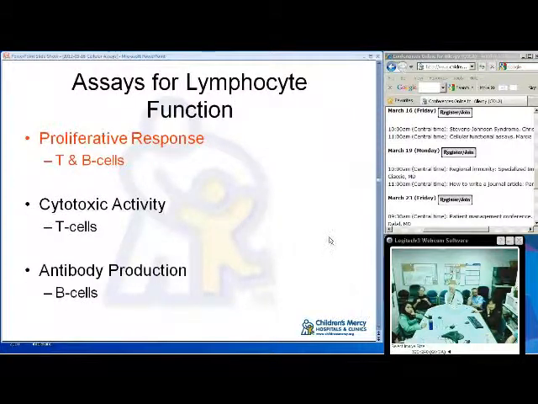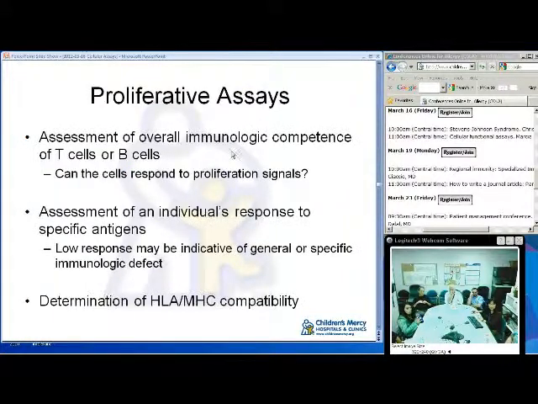Okay, so assays for lymphocyte function. There are proliferative responses you can look for, cytotoxic activity, which would be limited to T cells, and antibody production by B cells. So if we were to look at the proliferative response, you can do one that would be an assessment of the overall immunological competence of T or B cells.